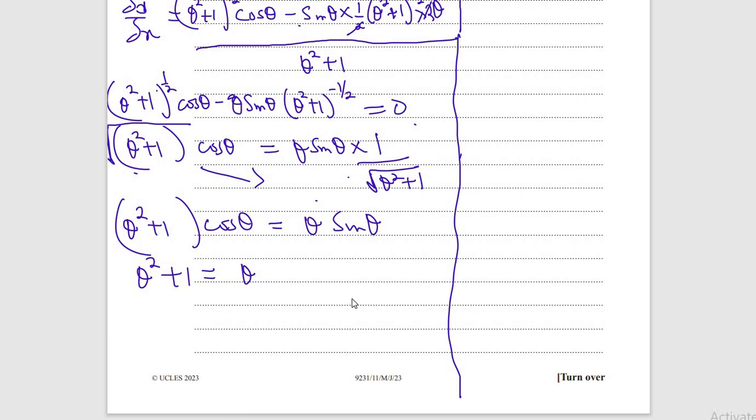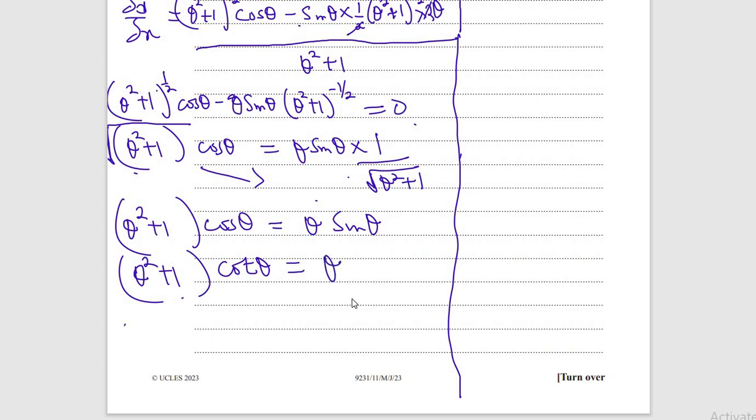No. Divide both sides by sine, not cos. Dividing both sides by sine, I will have something like this: theta squared plus 1, cos over sine, will give us cot theta equal to theta.